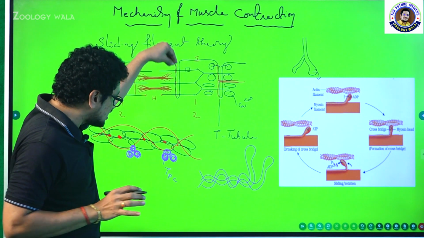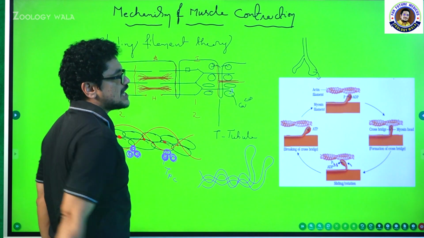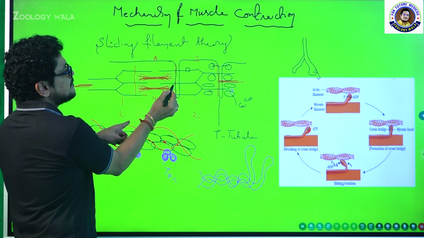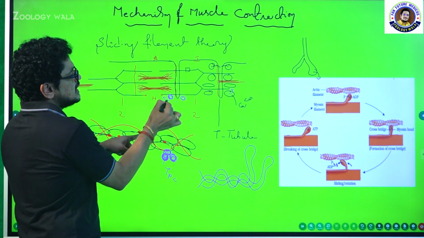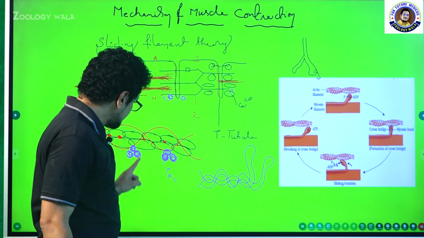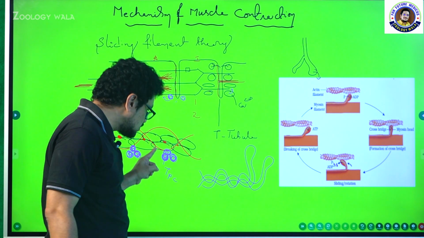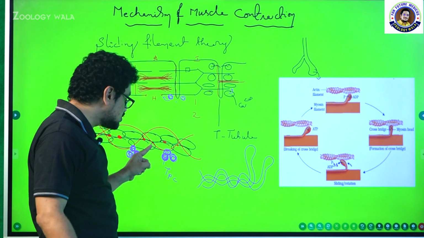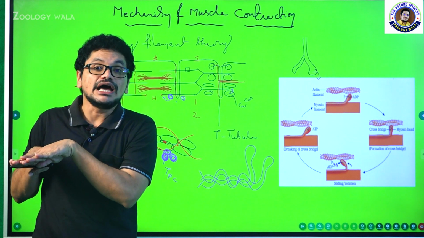See here, the calcium ions are present. When calcium ions are released into the sarcoplasm, they reach this thin filament. This is an area where the cisternae are present, and here calcium ions are released, they reach the thin filament, the TnC. When calcium ions come to this TnC, now what happens? Active sites will be exposed.